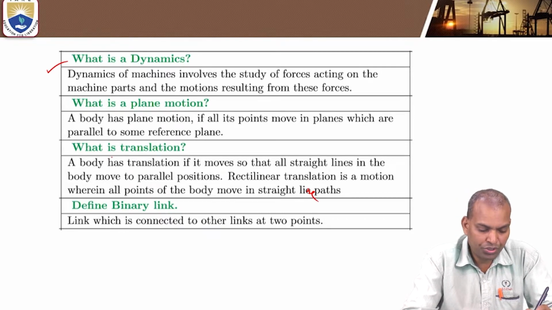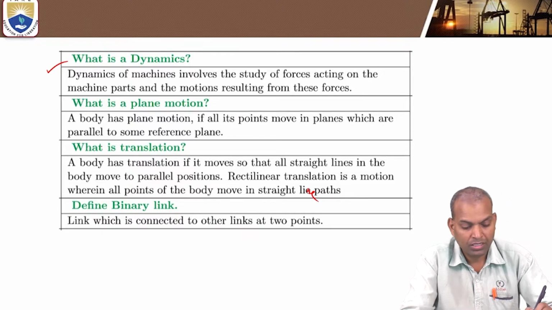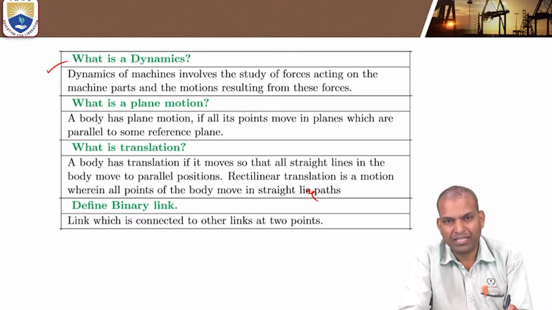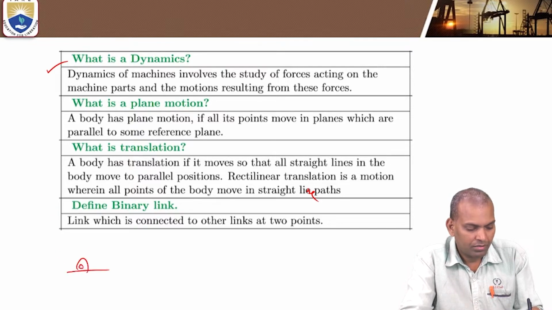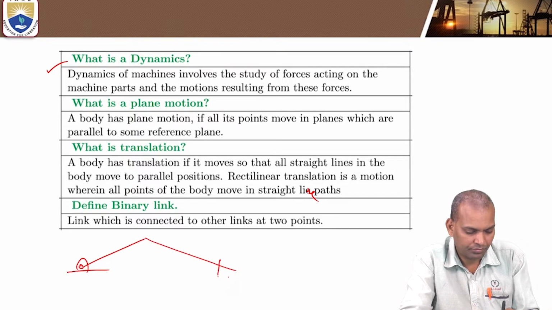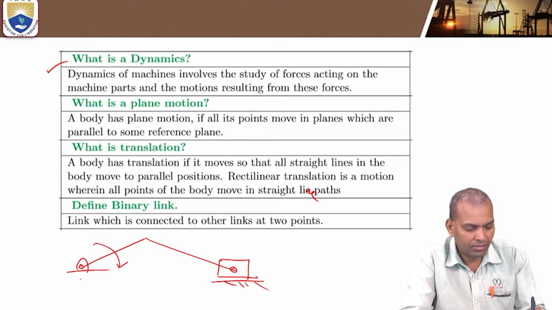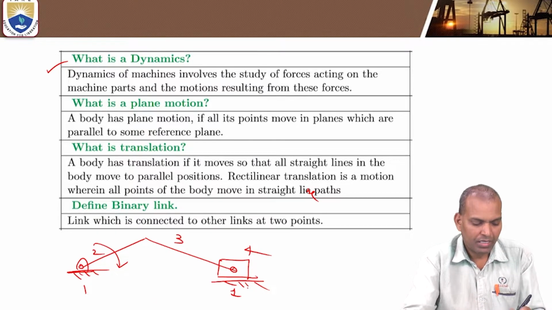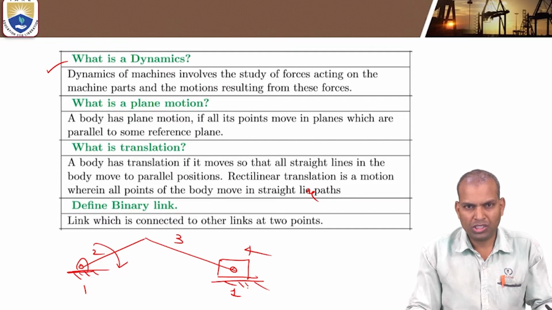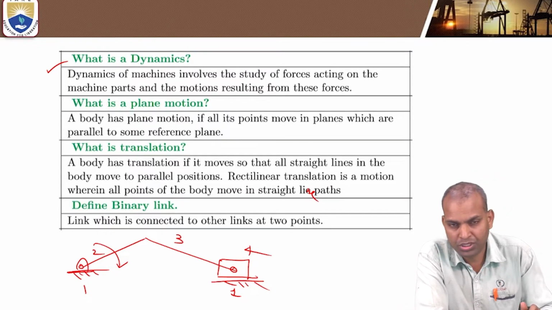Now, translation motion related to that, in the case of kinematics of machines, is the slider crank mechanism. In the slider crank mechanism, this is a crank. This is link 1, and this is link 2, link 3 and link 4. Link 1 is a fixed link, whereas link 2 is having complete revolution, complete rotation.